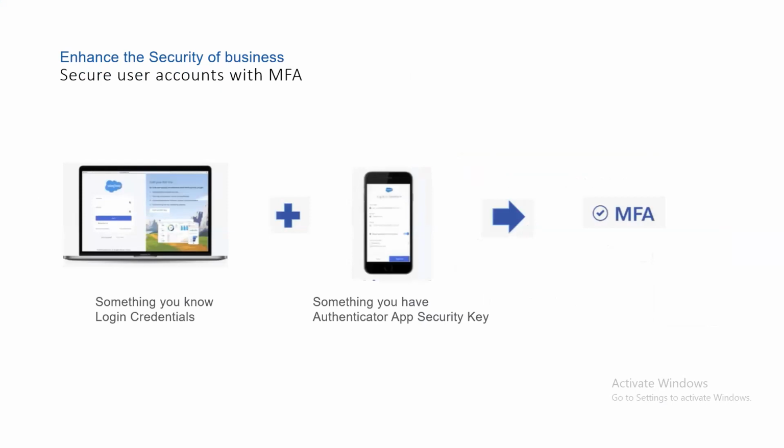For example, something you know, that is the username and the password, plus something you have, that is a mobile or an application which generates a specific key. Every time, it will ask for an approval to log into Salesforce. So it will be difficult for an attacker to compromise or get this extra factor if they already know the username and the password. So this is the easiest way to keep the account secure.